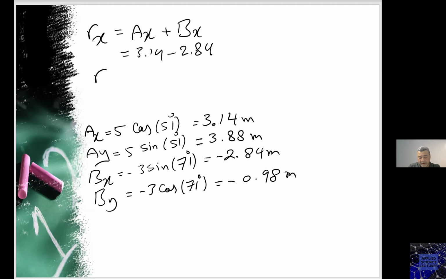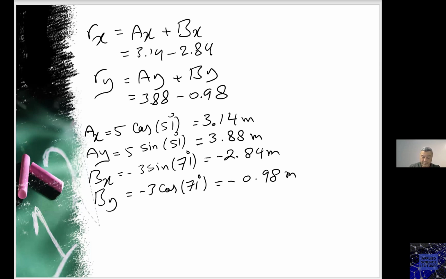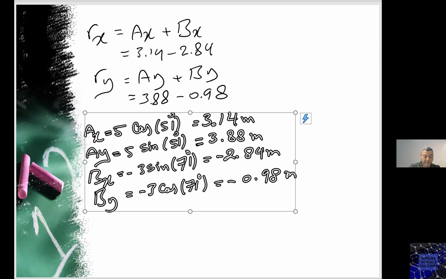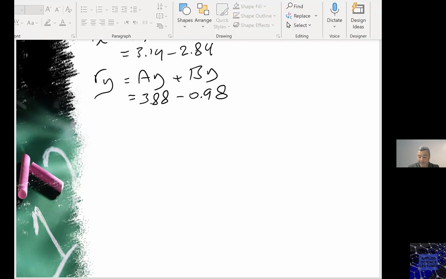and Ry, which is AY plus BY, which is 3.88 minus 0.998, right?